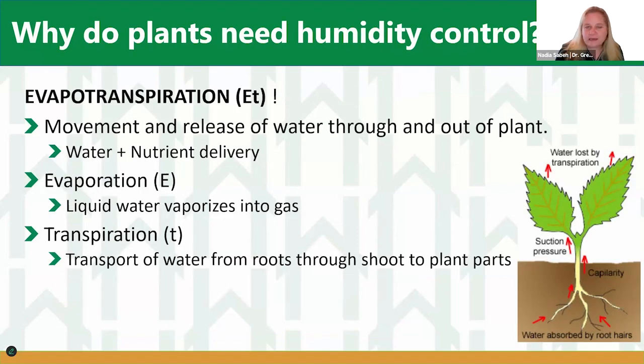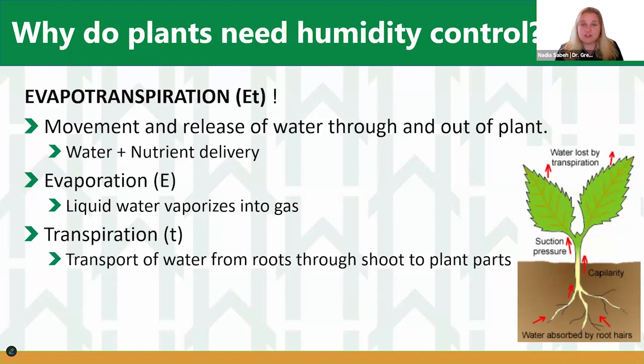So, why do plants need humidity control? Well, really, it's to support and promote the process of evapotranspiration, which is the movement and release of water through and out of the plant. And it's really responsible for water and nutrient delivery through your plant.